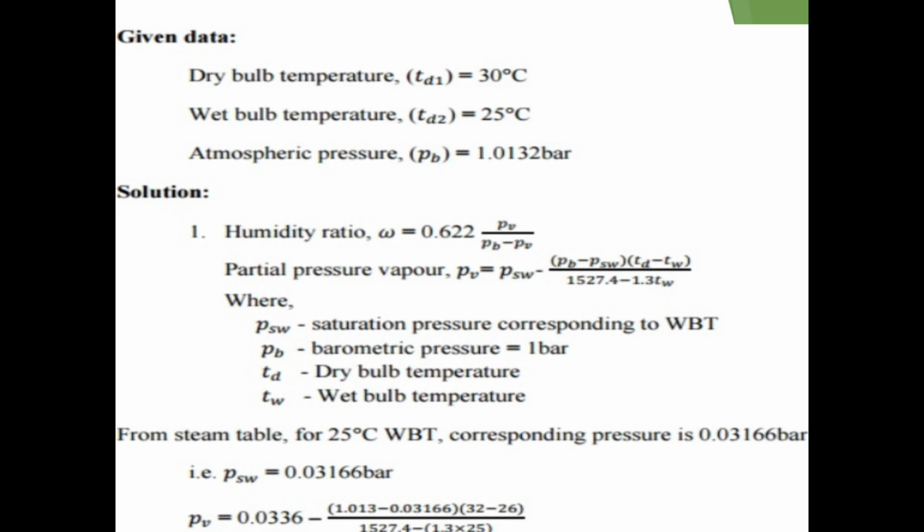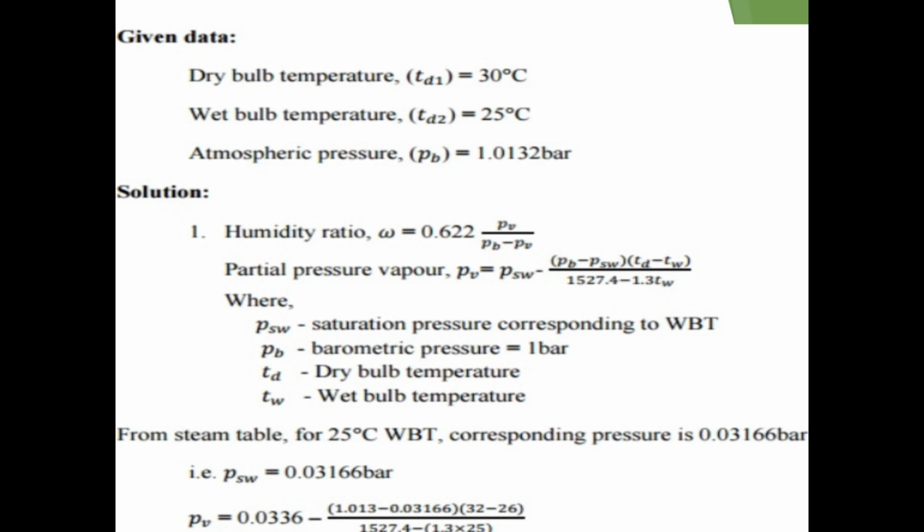PV, the partial pressure of the vapor, is equal to PSW minus (PB minus PSW)(TD minus TW) divided by a constant, where PSW is the saturation pressure corresponding to the wet bulb temperature, PB is the barometric pressure, TD is the dry bulb temperature and TW is the wet bulb temperature.